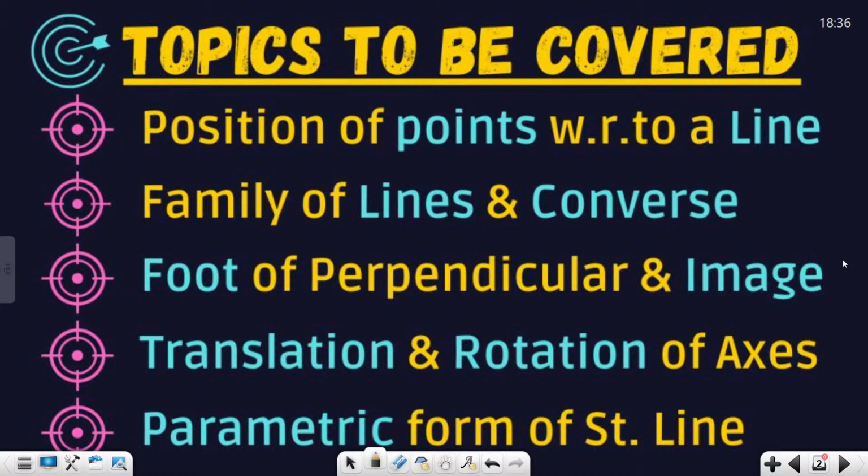Then we will find out how to find the foot of the perpendicular and image. Then we will go for translation and rotation of axis. And the last but not the least, which we are going to cover in this session, is parametric form of straight line. Okay, so we are all ready to start.